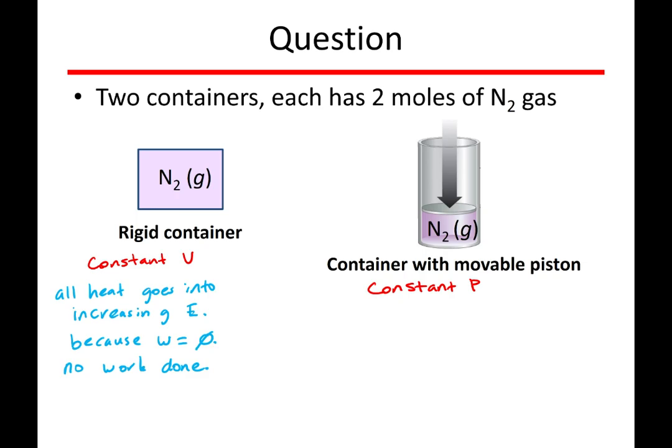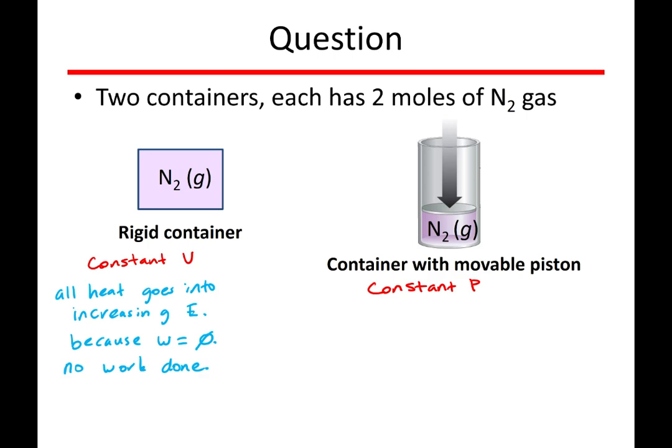But now let's think about what happens when you heat the gas at a constant pressure. As you heat the gas at a constant pressure, you raise the temperature, and from PV equals nRT, we know that as you increase temperature, and if pressure is constant, the volume must increase. Because the volume is increasing, the gas expands, meaning that the gas does work when it's heated at a constant pressure. This was not possible when the gas was heated at constant volume, right? So that's the key difference between these two cases.